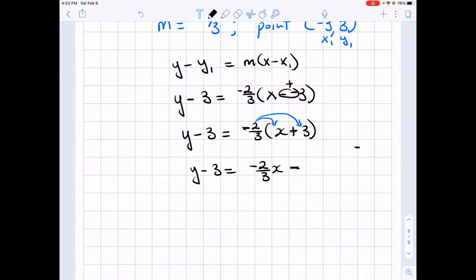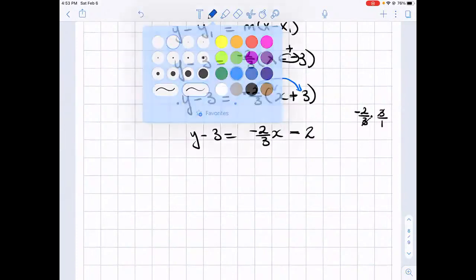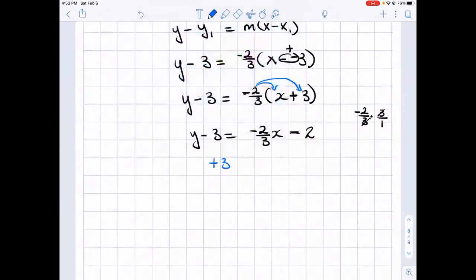If you multiply minus 2/3 times 3 over 1, the 3's will cancel, so it becomes a minus 2. Okay? And finally, if we add 3 to both sides, we have the line y is equal to minus 2/3 x plus 1.